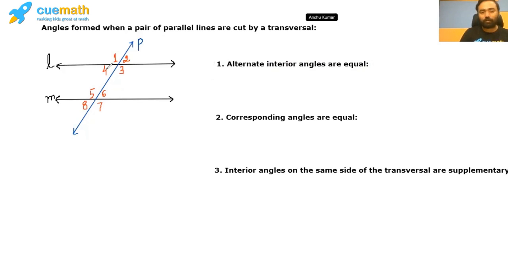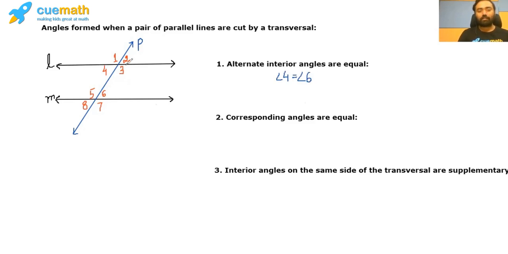If we consider angle 4, which is present in the interior part of the two lines, an angle present at an alternate position and also in the interior part would be angle 6. So we can directly write that angle 4 is equal to angle 6.